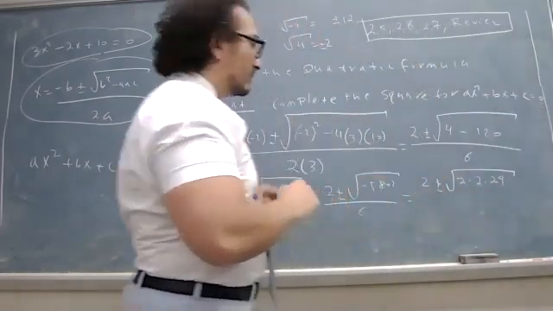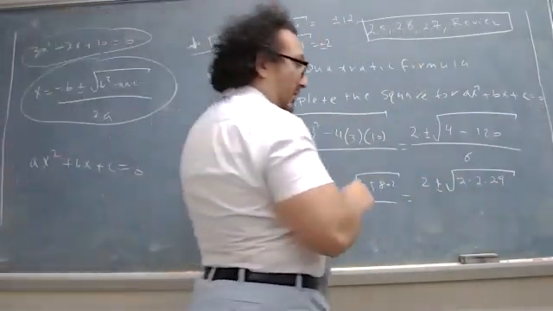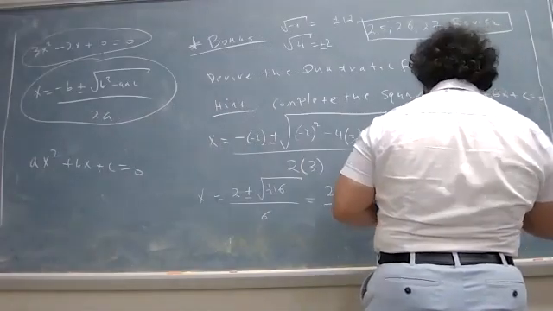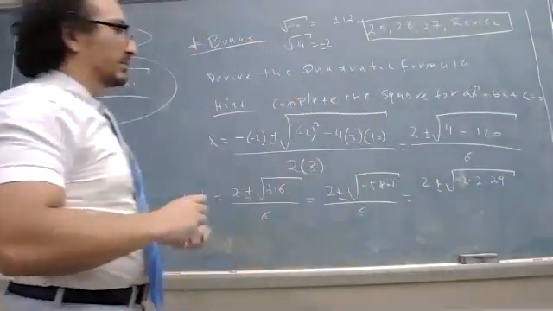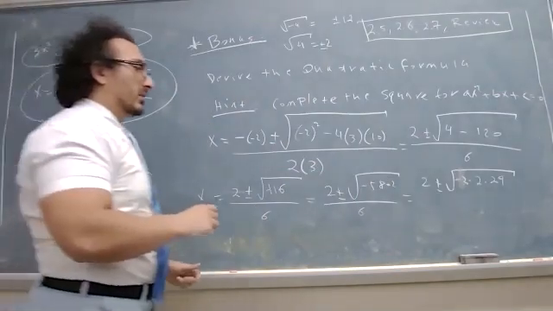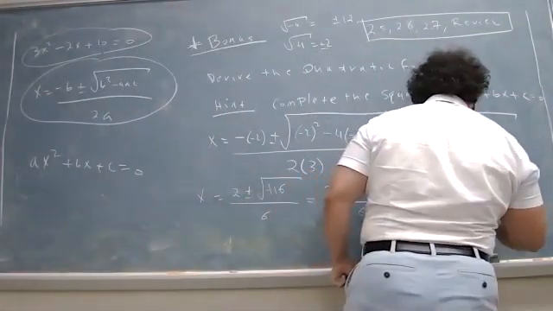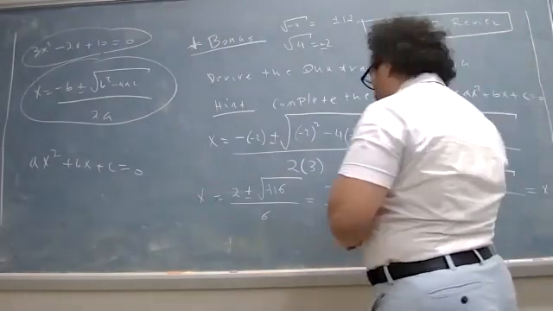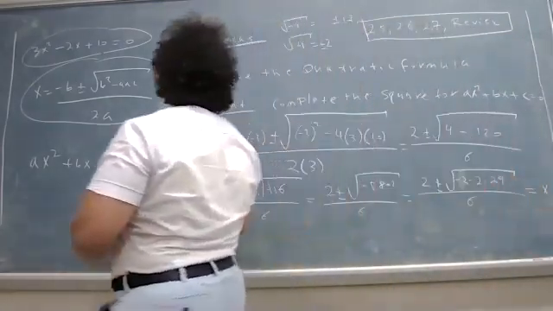And there's a negative here. Don't forget our negative. And let's not forget we're dividing everything by 6, and that this is equal to our x.